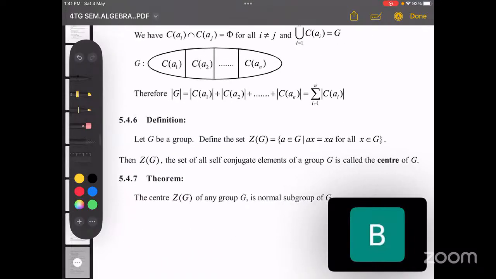Next, we have the definition of the center of G. The concept of the center of G is also important.